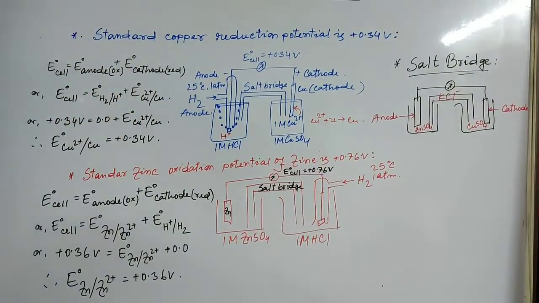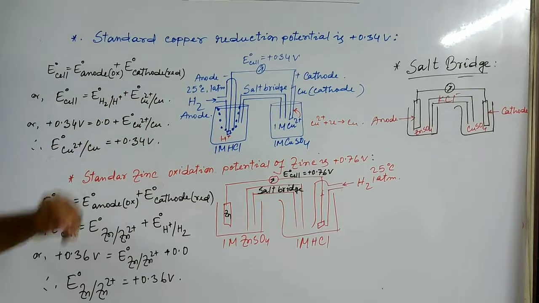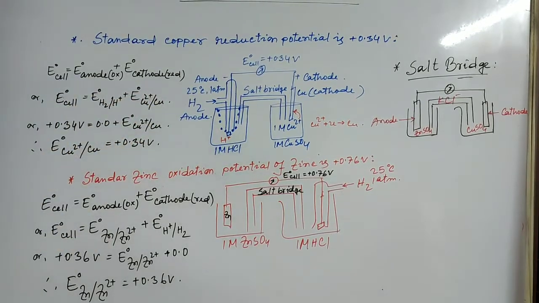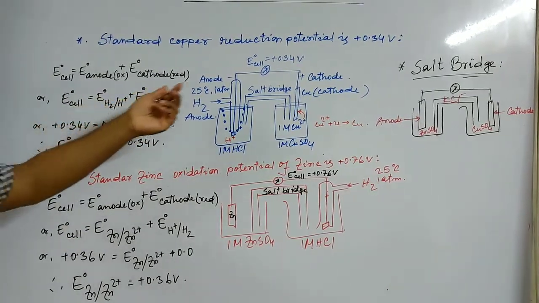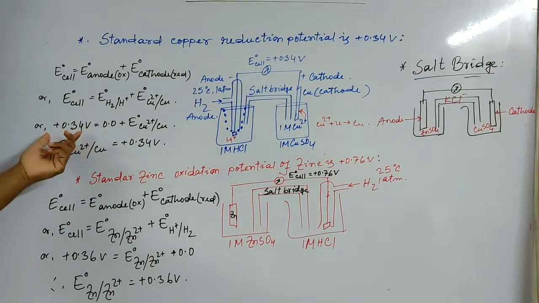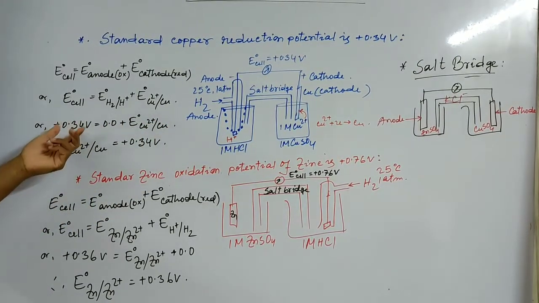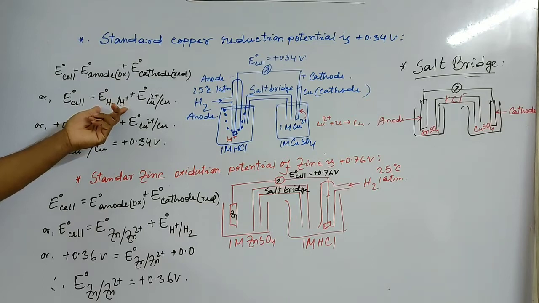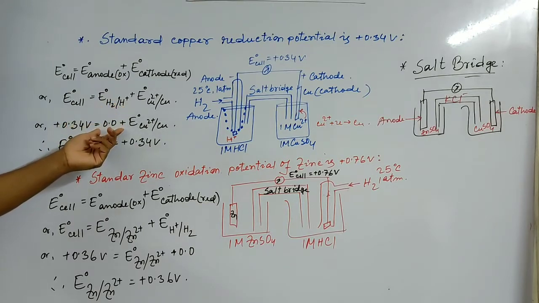So I have written here copper 2 plus slash copper, and from the reading of the voltmeter I can write here plus 0.34 volt, and the oxidation potential of standard hydrogen electrode is 0.00.